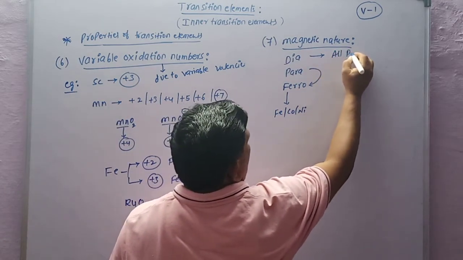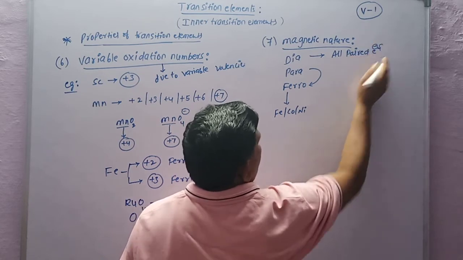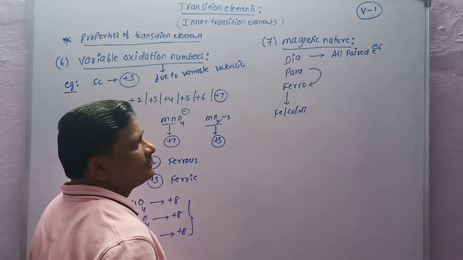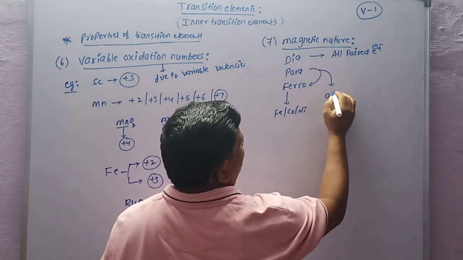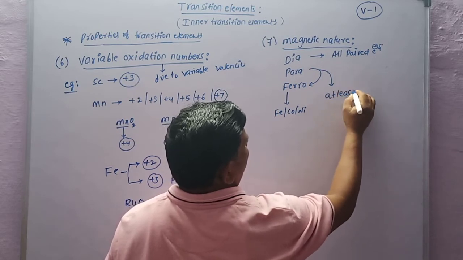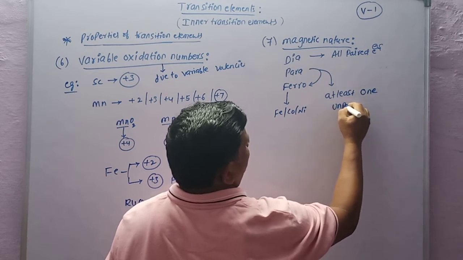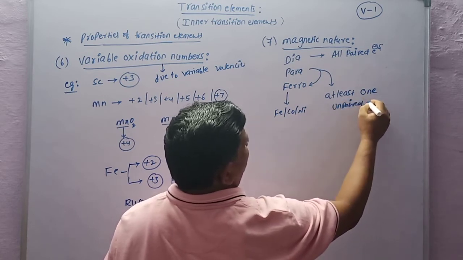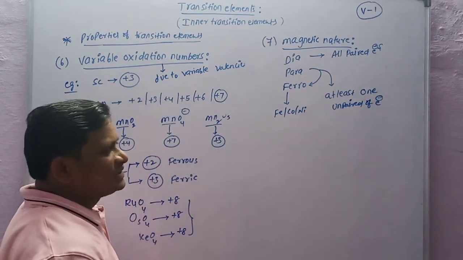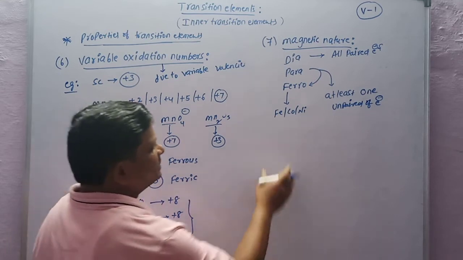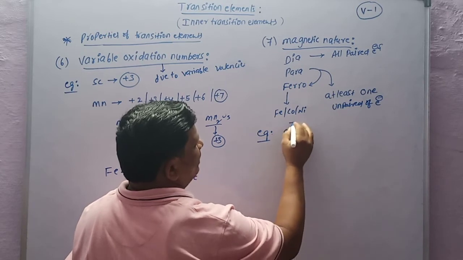If all paired electrons are present, it is diamagnetic. If at least one unpaired electron is present, it is a paramagnetic substance. So for example, let us consider scandium +3.